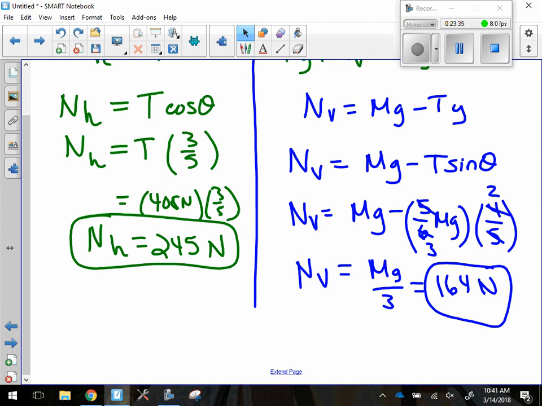Okay. These are pretty straightforward. There's some algebra. You need to be careful, but they're pretty straightforward. You're more likely to get a question like this on the multiple choice part of the AP exam than on the free response part.